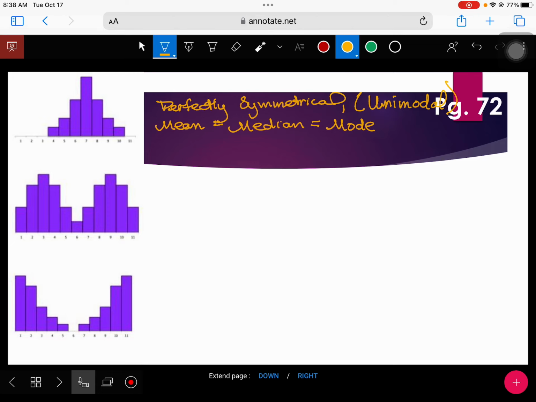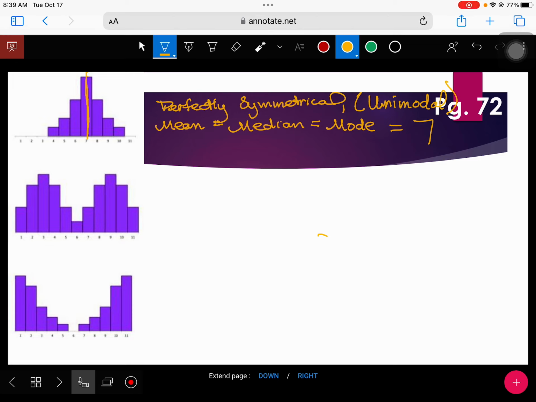Now, I don't know if you can tell what the numbers are, but can you see what the mean, the median, and the mode would be in this graph? It's right here, which is 7. Yes. Okay. Is there anything else we can tell in this graph?